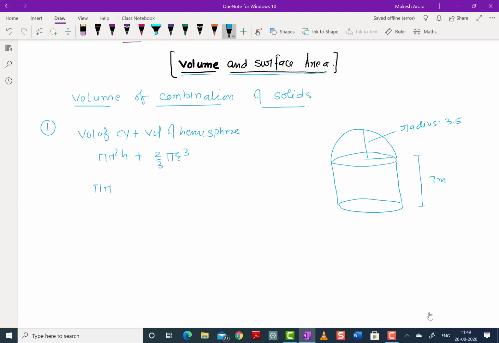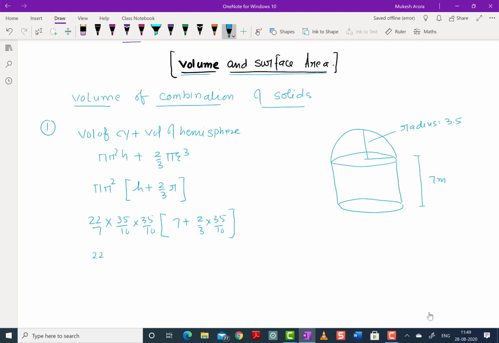So pi r square is common. Inside is h plus 2 by 3 r. 22 by 7, r is 3.5 by 10 into 3.5 by 10, h is 7 plus 2 by 3 into 3.5 by 10.